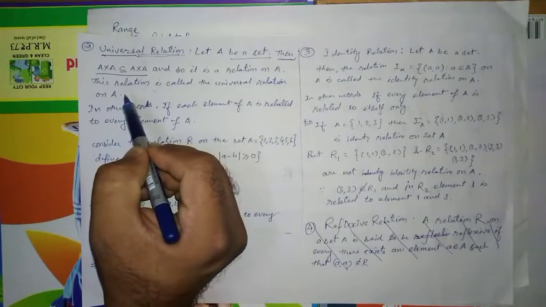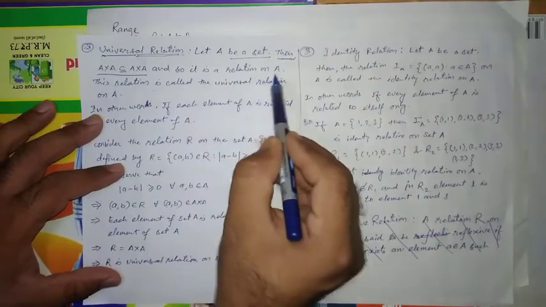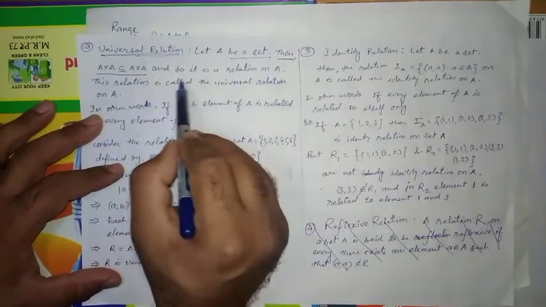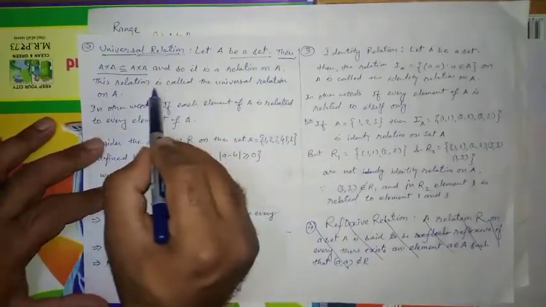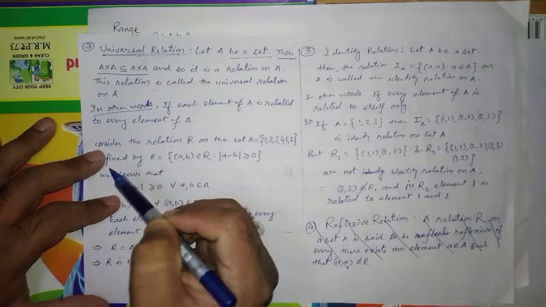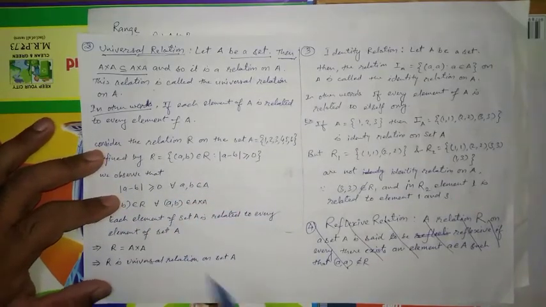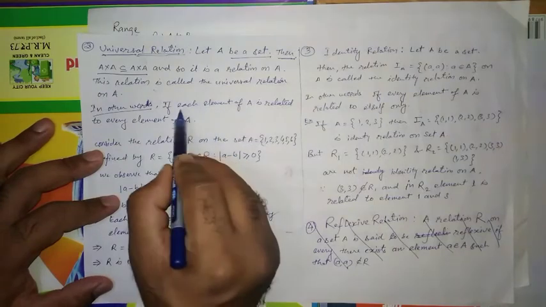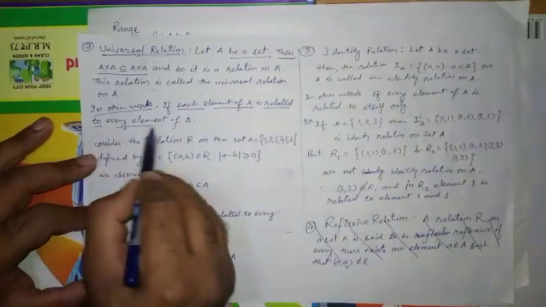So we are considering that, and it is a relation on A. Definitely A cross A is a relation on A itself. This relation is called the universal relation. In other words, a relation on A is universal if each element of A is related to every element of A.